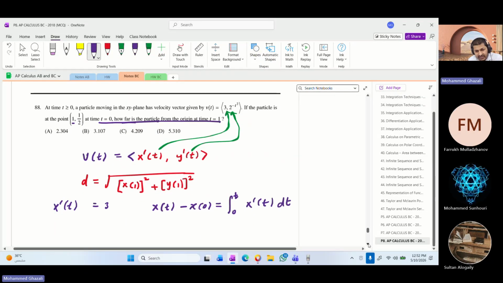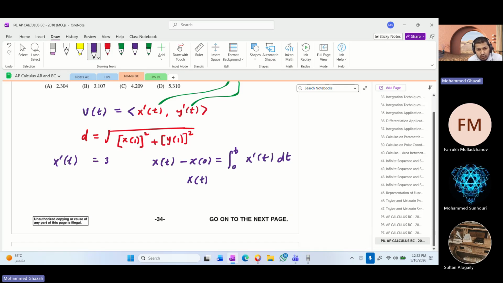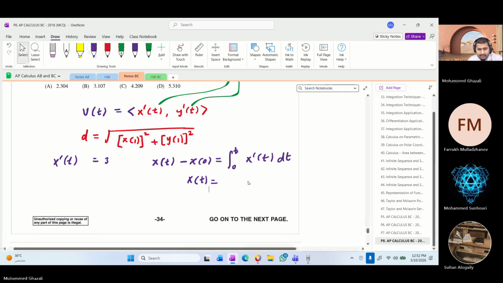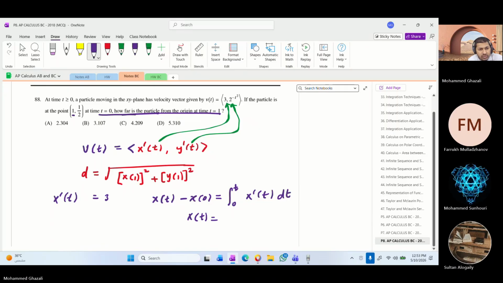So now we want to find the x of t function, so you can substitute 1 inside. What is x of 0? We don't know. x naught is 1.